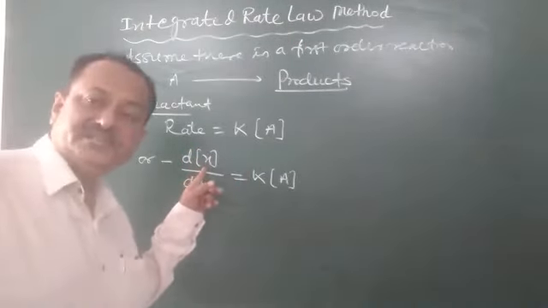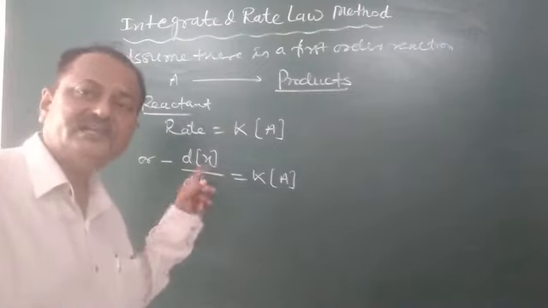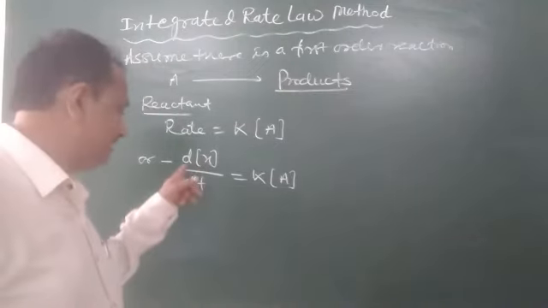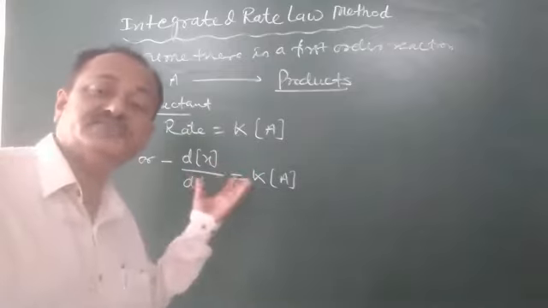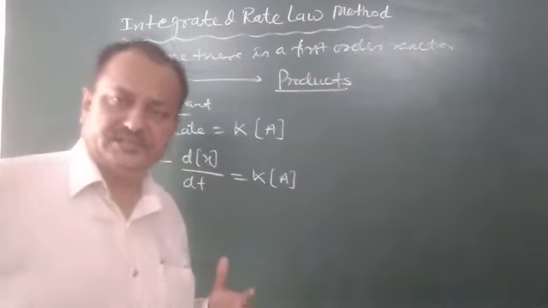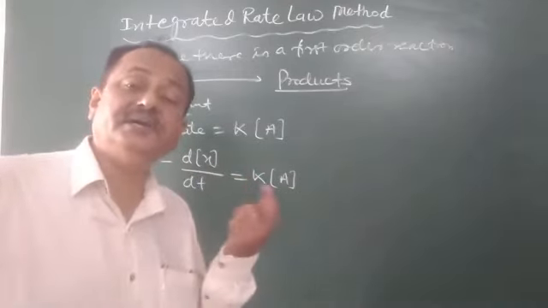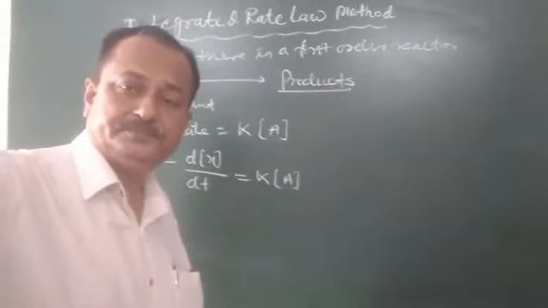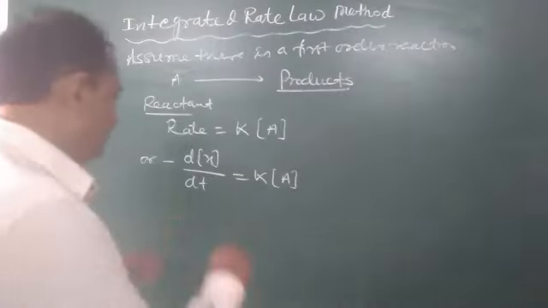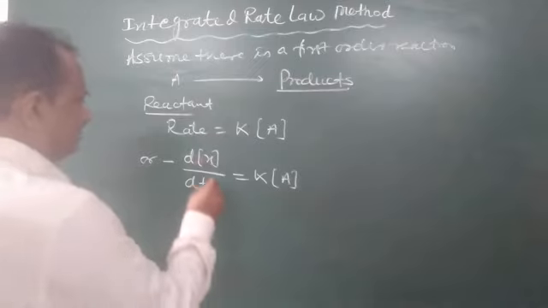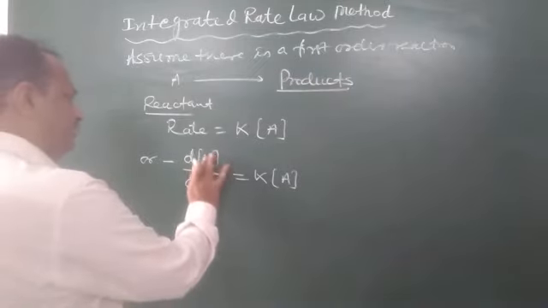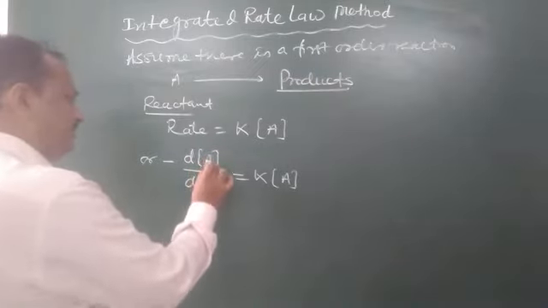Here dx means a change or decrease in concentration. This is for the average rate of reaction. In case of integrated, it will be delta.